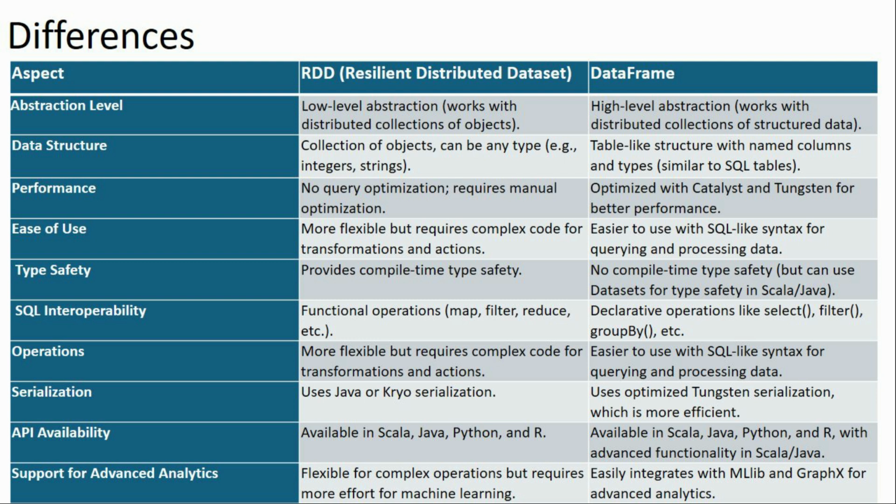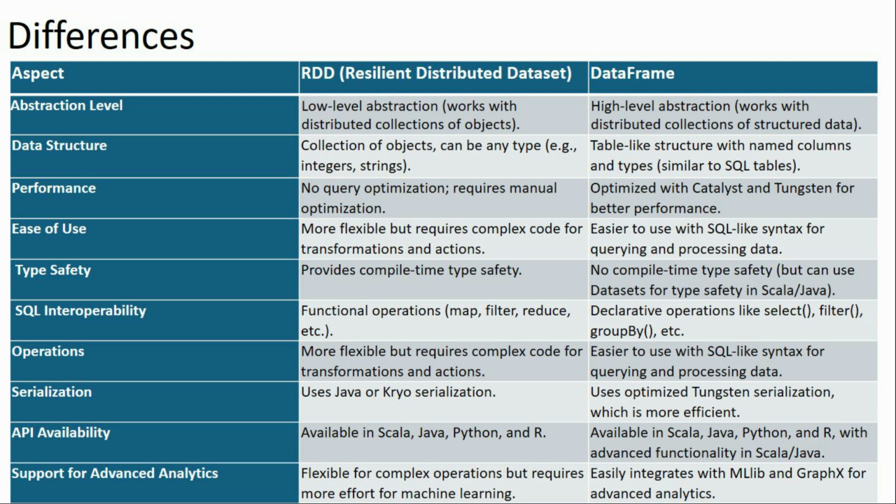Let's break down the main differences between RDDs and data frames, so you can choose the right tool for your data processing tasks. First, let's talk about abstraction level. RDDs are the lower level abstraction in Spark. They represent a distributed collection of objects and give you fine-grained control over your data.